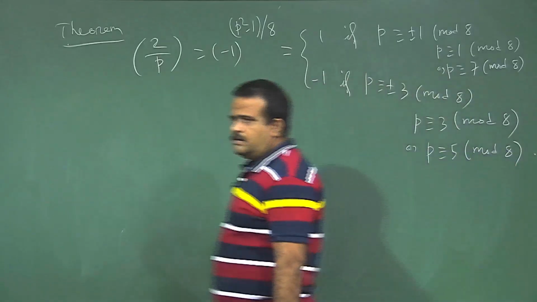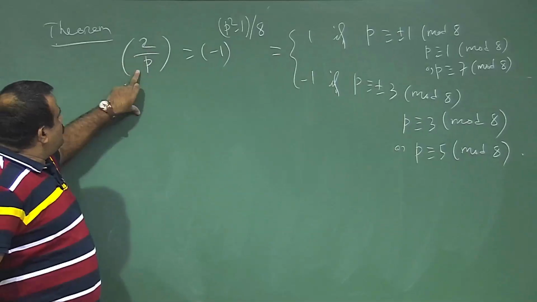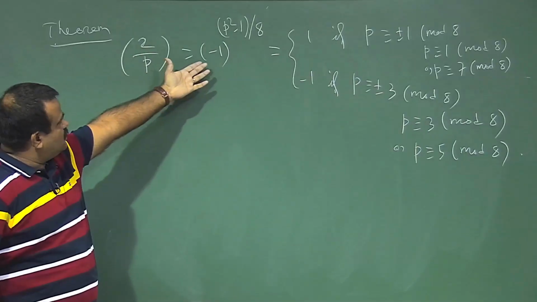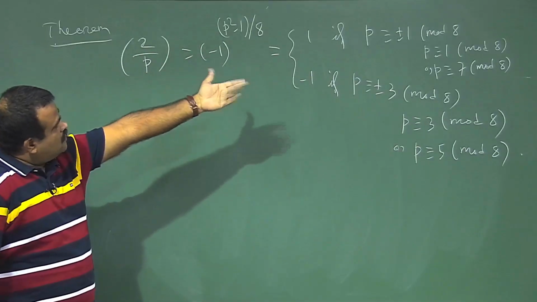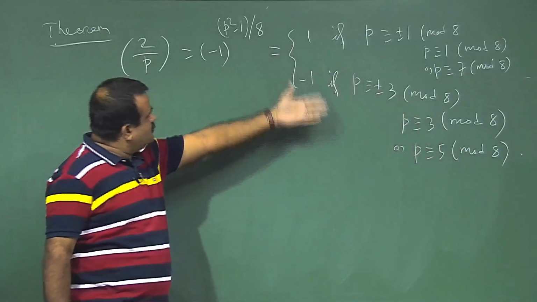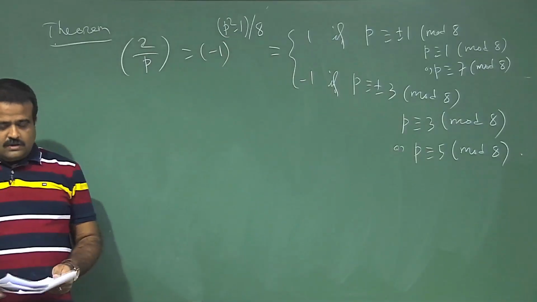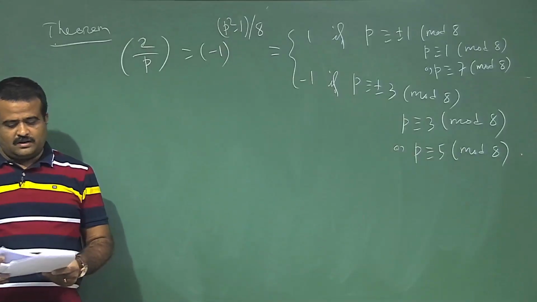This theorem can also be proved. So this is basically telling us that (2/P) is minus 1 to the power of this. If P is of either of these forms, we just put the value of P here and we will get either 1 or minus 1.